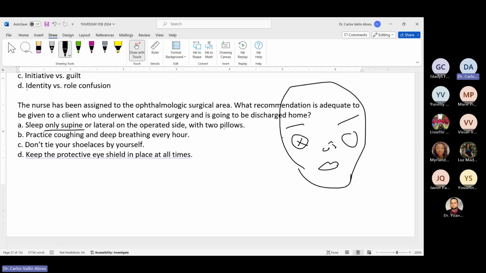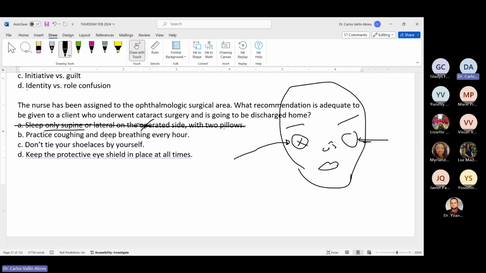But if sleeping lateral, should not be sleeping over the surgical side. Should be sleeping on the non-surgical side. So this is incorrect. It is not a good recommendation.